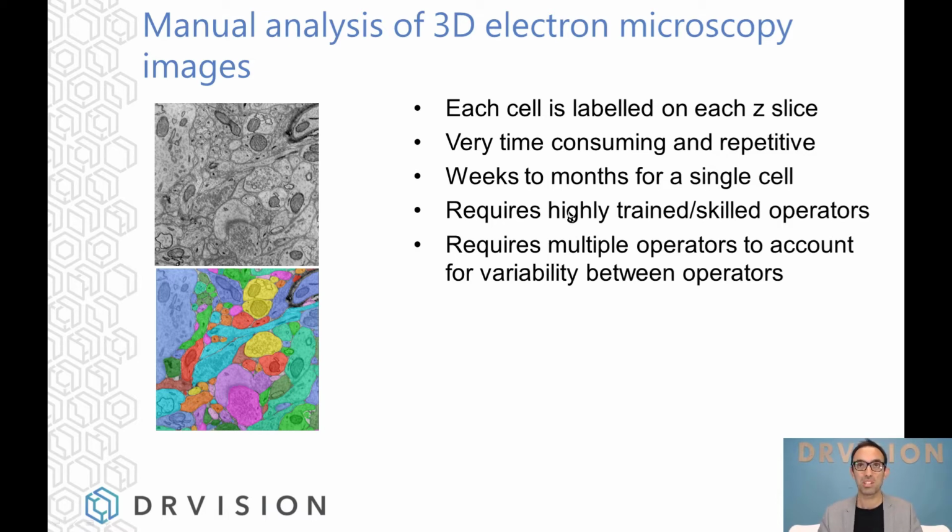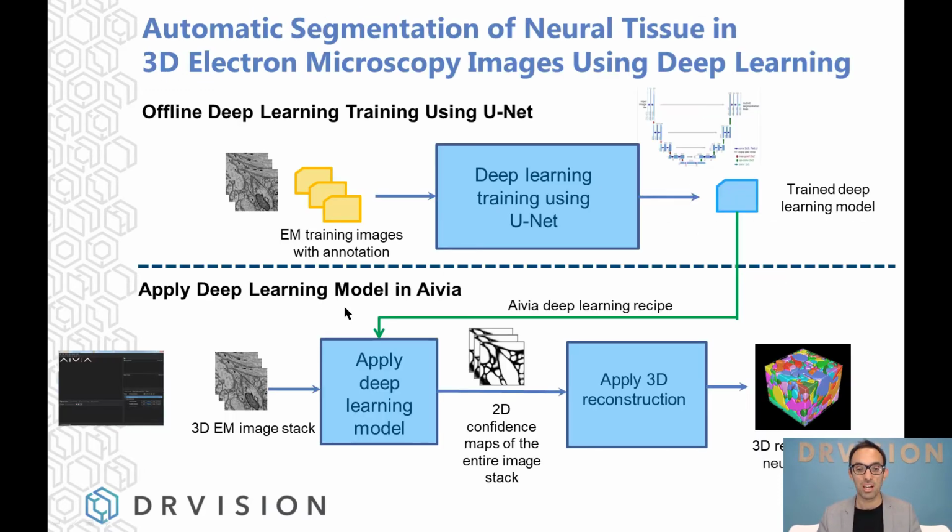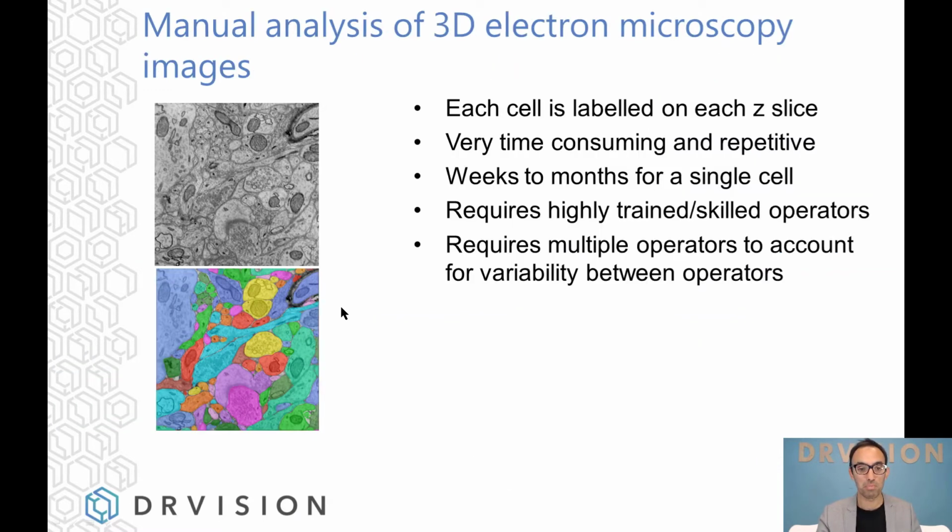Typically, this has to be done by a couple of people so that you can compare variability between the two human users. In Aivia, thankfully, you just hit a button and it will take the input and create an output like this, and it will also create a mesh. So with that, I will pause and let Chi come and join me here.